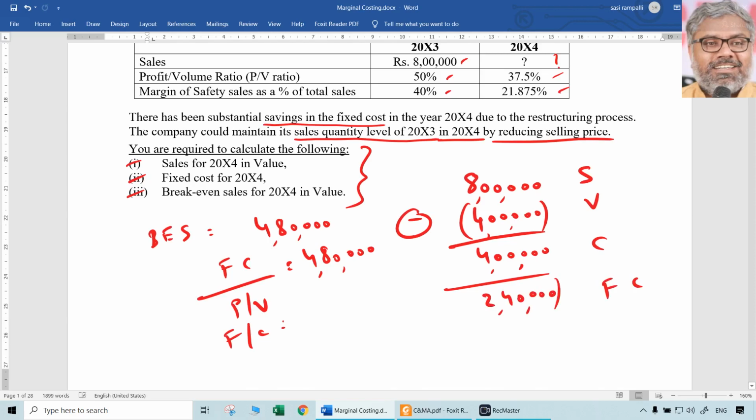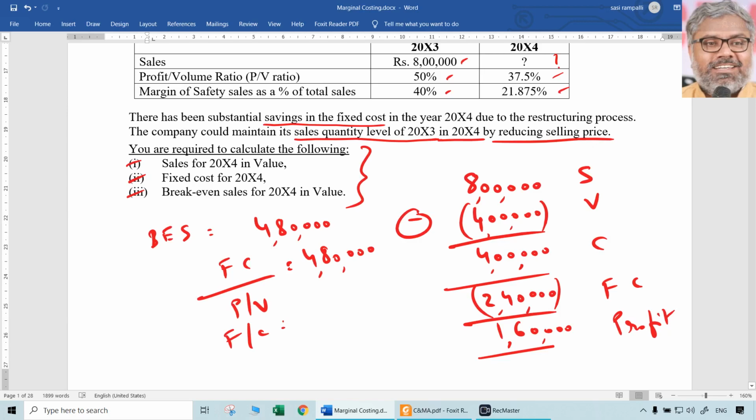We are just filling in the existing current year's data, though it is not asked, to be clear about the data available. So current year profit is 1 lakh 60,000. As far as the existing year is concerned, almost all the data at a total level we know. Per unit we don't know, because we don't know the selling price. If we knew the selling price, per unit data could also be found out.